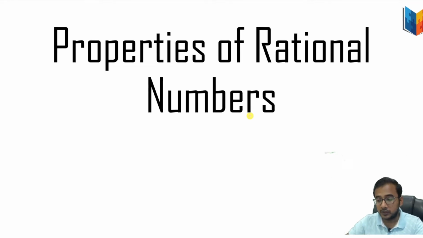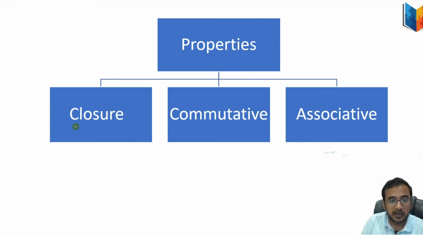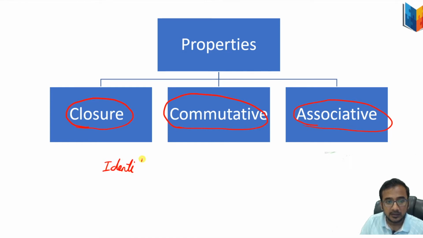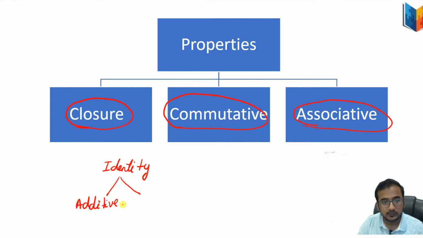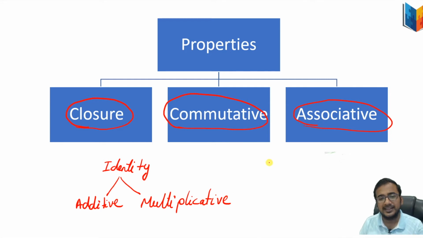So first property which we will learn is, the properties which are first closure, commutative, associative. बट उसके साथ सम प्रॉपर्टीज और भी हैं जैसे आइडेंटिटी. एक होते हैं एडिटिव आइडेंटिटी और दूसरे होते हैं मल्टीप्लिकेटिव. सो ये है तीन. दिस आर द डिफरेंट टाइप ऑफ आइडेंटिटीज. वन होते हैं नेगेटिव रैशनल नंबर्स जो बेसिकली नेगेटिव होते हैं.